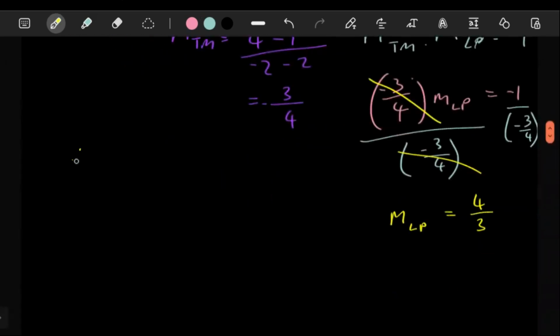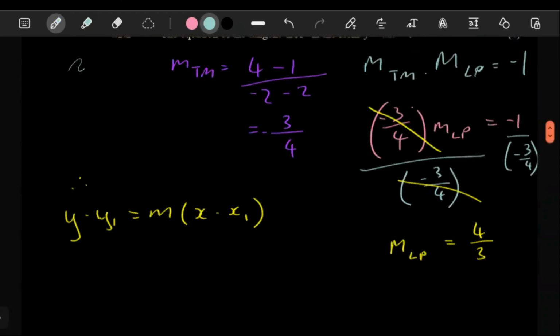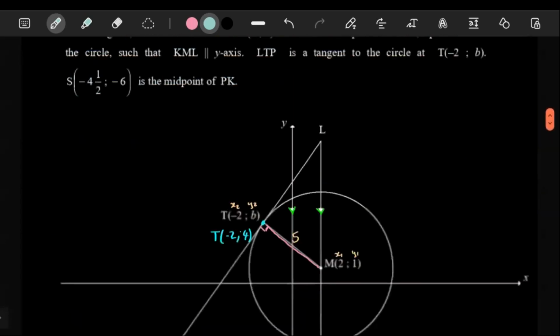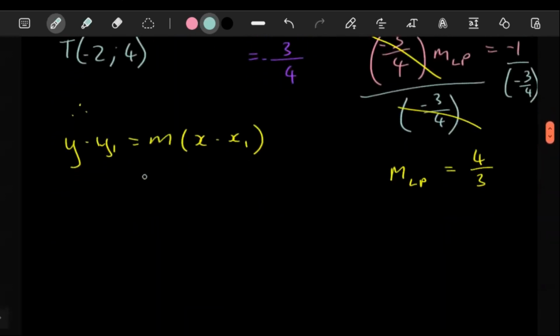So now you can say y minus y1 equals m times x minus x1, and throw in a coordinate that the graph passes through. That coordinate is T, which is negative 2 and 4. Just double check there. Yes, negative 2 and 4. The gradient is 4 over 3, and the first x coordinate is negative 2, so a negative and a negative make a plus.